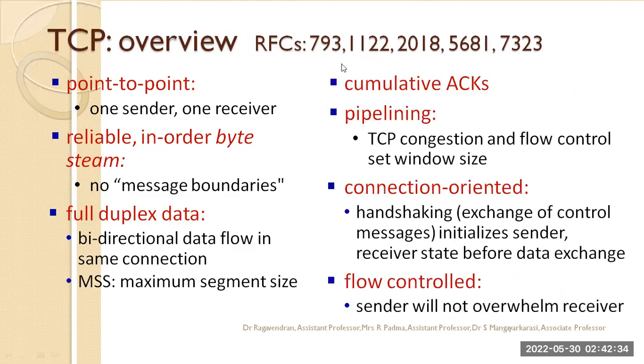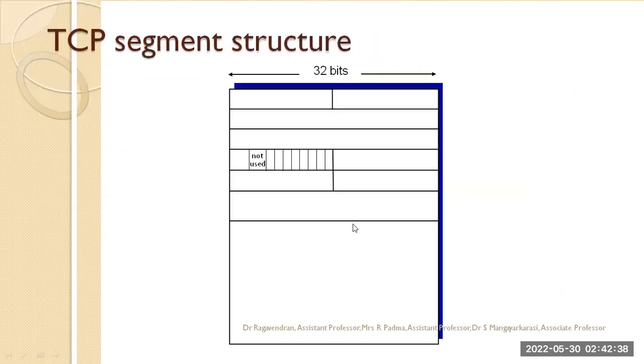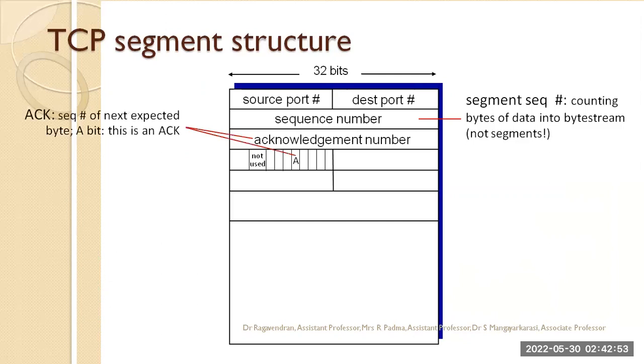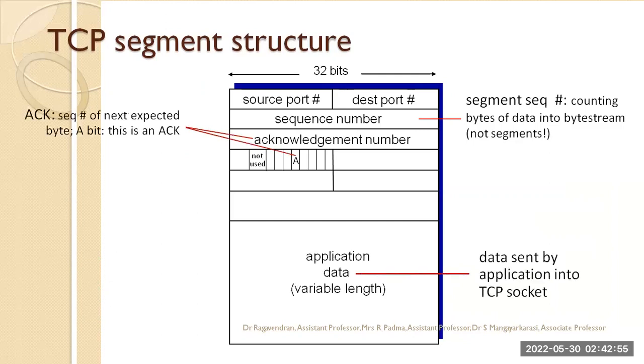It has pipelining. It is connection oriented. It is flow controlled. So the segments of the TCP, see here, this is the source port and this is the destination port, and it will have a sequence number to identify the packets, and this is the acknowledgement to the sender and the receiver.